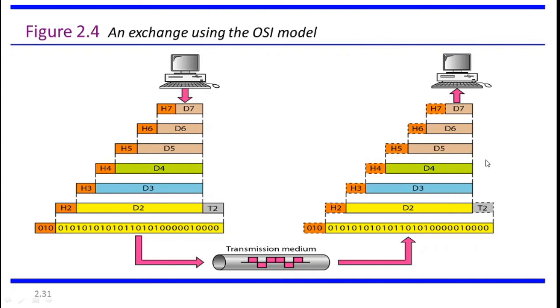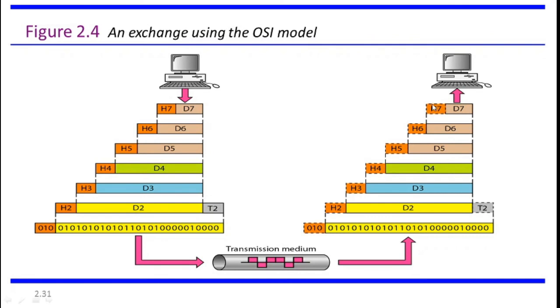The segments are combined together to form presentation layer data, and that module splits it into H6 and D6, where H6 is the presentation layer header which decrypts or decompresses the information depending upon the header data.